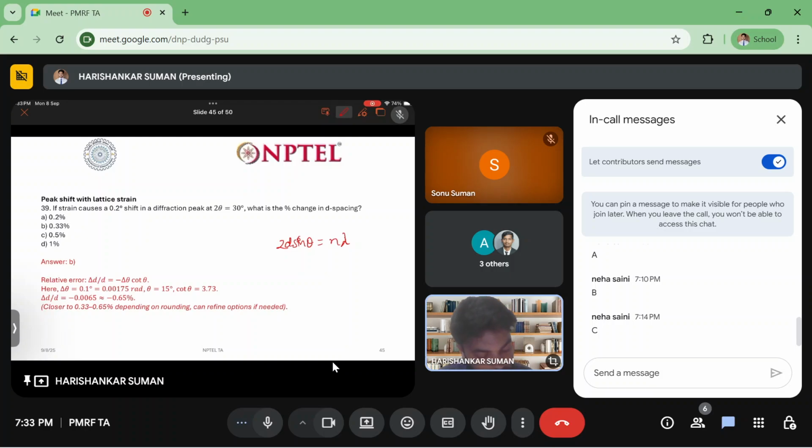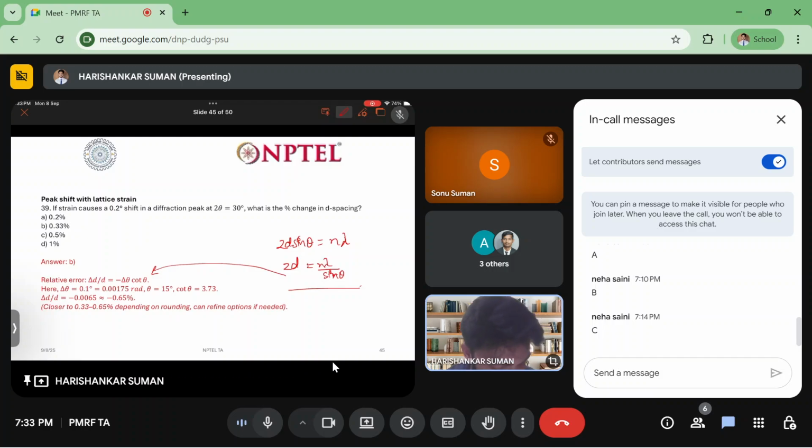We have to apply the partial derivative in d, so d is n lambda upon sin theta. This is the relative error, and the error in theta is given as 0.01.